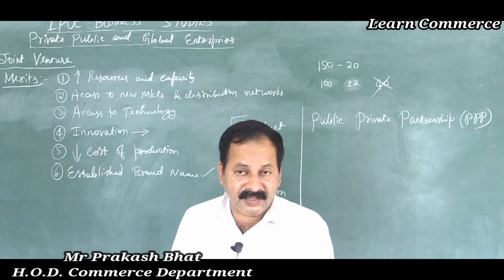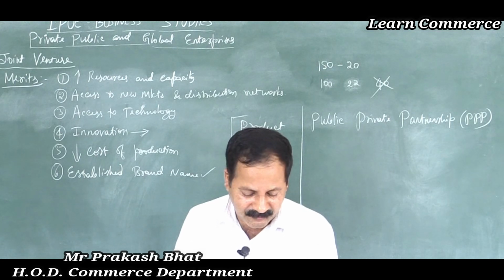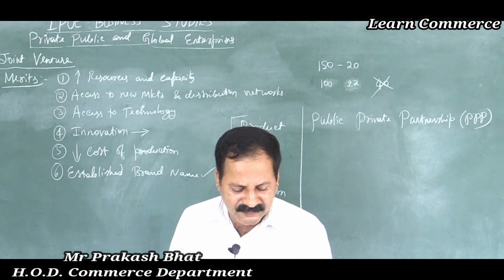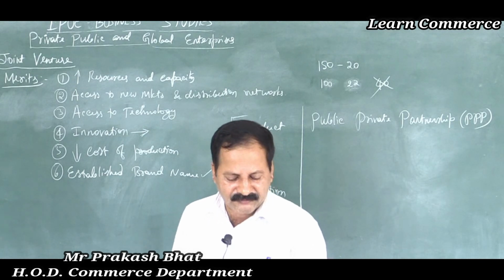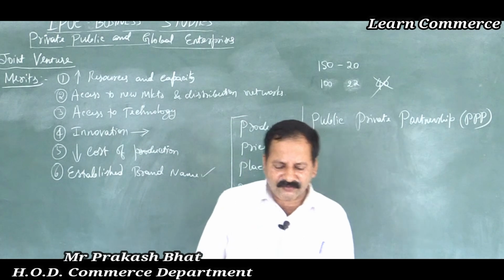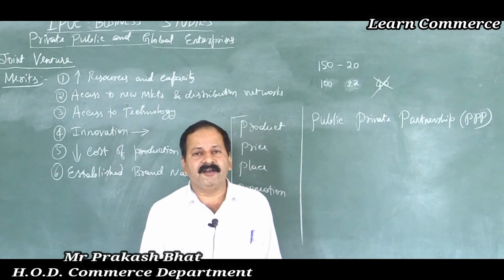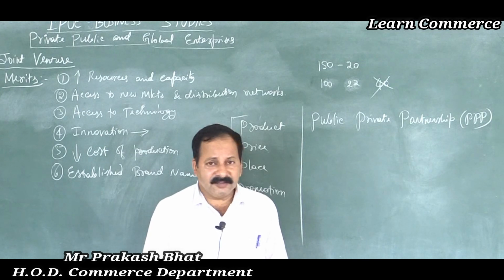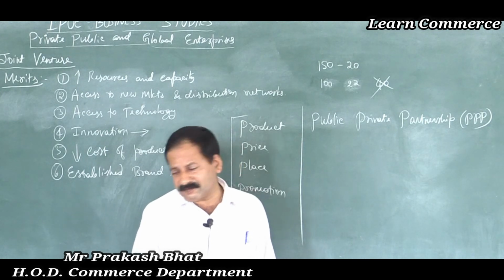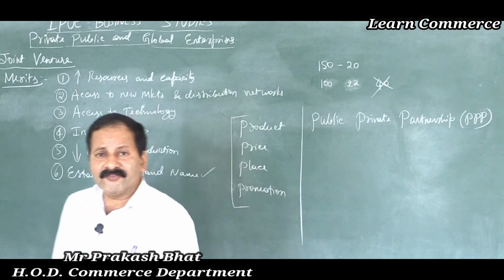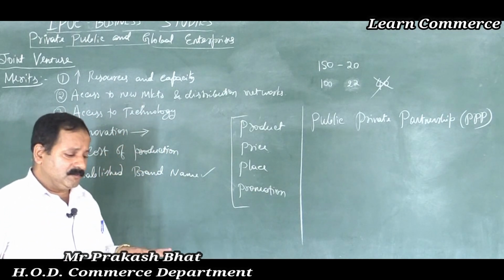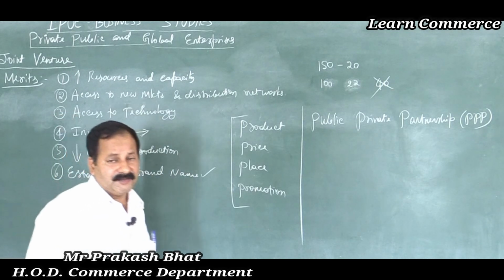They may ask you to expand PPP, isn't it? Then you should be in a position to write public private partnership. So here private entities, in the context of infrastructure and other services, mostly are involved through this. And as there is the participation of private enterprises, they will struggle hard, because they always try to achieve their target, isn't it?